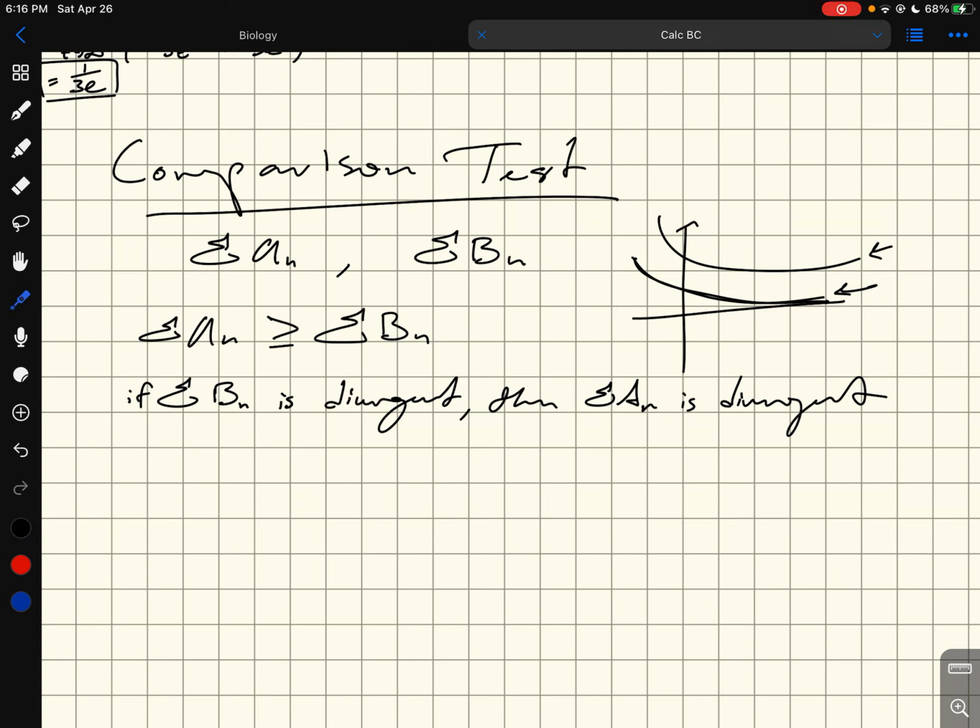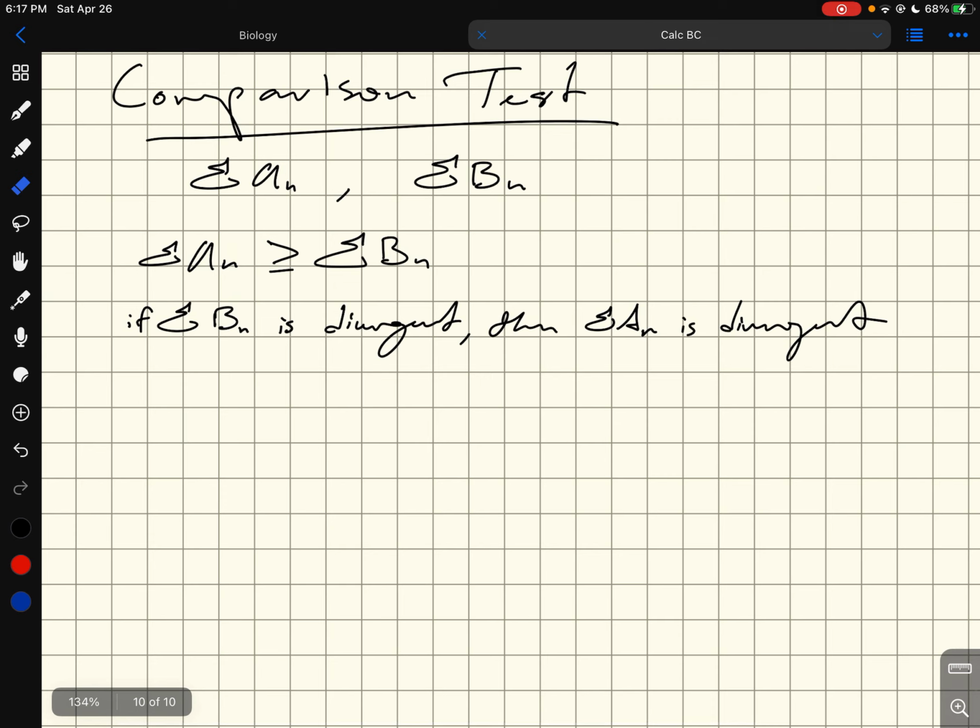You would think the smaller function would converge to a number, but if the smaller function doesn't even converge to a number, then this one definitely won't be converging to a number. So that's why if the smaller function B is divergent, then we know the bigger function A is also divergent. If you get confused, just think about this graph in your head. You have a smaller one, you have a bigger one. The smaller one doesn't even converge, so the bigger one definitely can't converge.